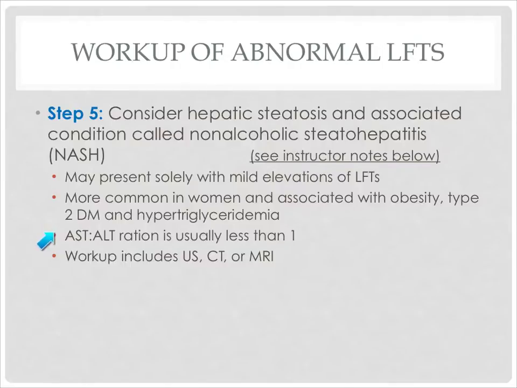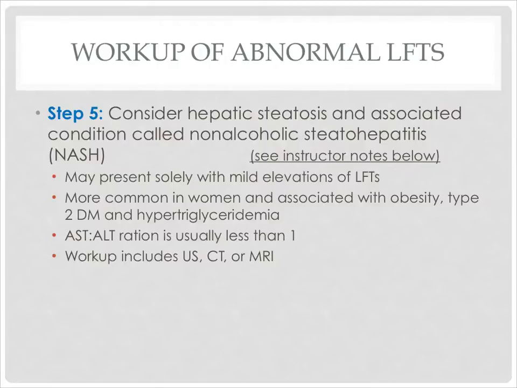Your AST and ALT ratio, not ration, your ratio is usually less than 1, and the workup typically includes an ultrasound. That's what you're going to start off with. Most fatty liver disease can be picked up with an ultrasound. However, what the ultrasound will not be able to tell you is if this is just plain old fatty liver disease or if this is this NASH complex going on there.